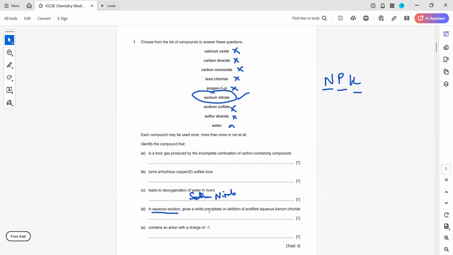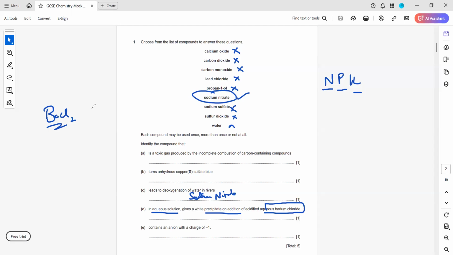In aqueous solution, it gives a white precipitate on addition of acidified barium chloride. When we add acidified barium chloride, it will form a white precipitate. What does barium chloride react with?